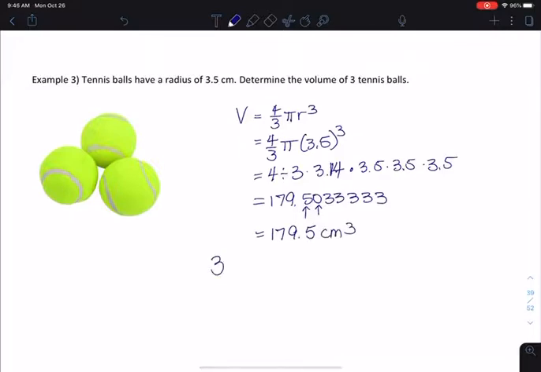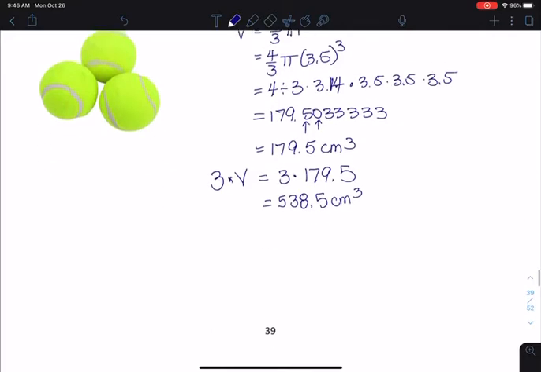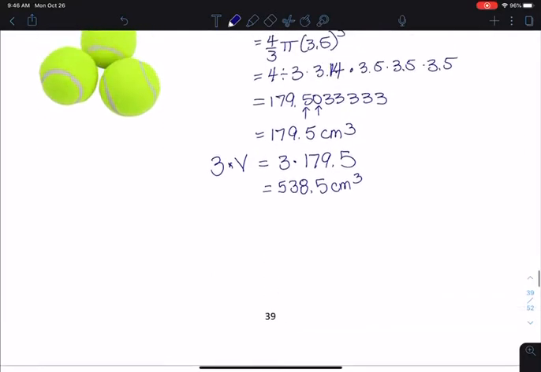So for 3 tennis balls, 3 times that volume is going to be 3 times 179.5, which is 538.5 centimeters cubed, the volume of 3 tennis balls. So, try some questions on your own.